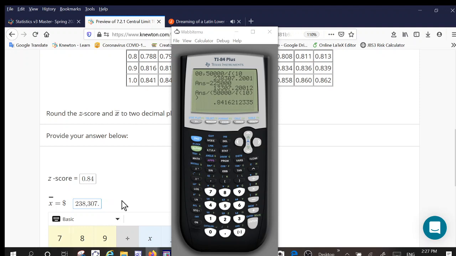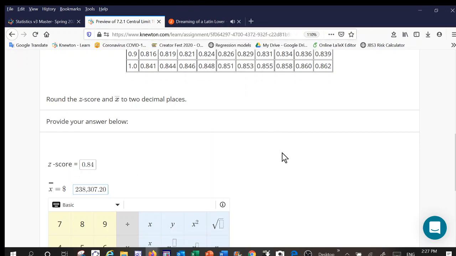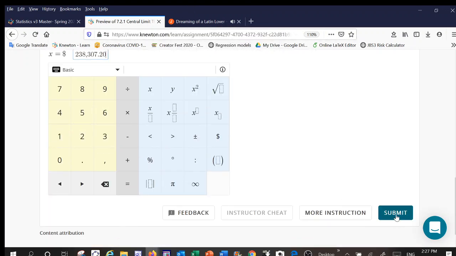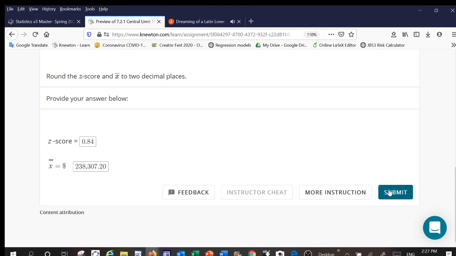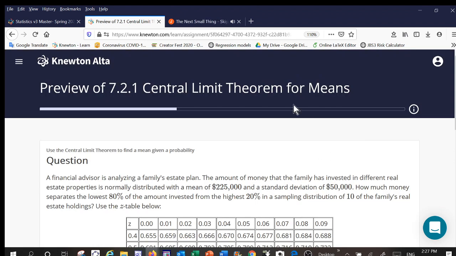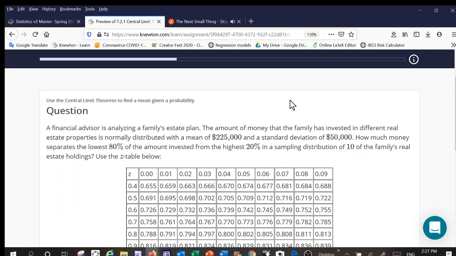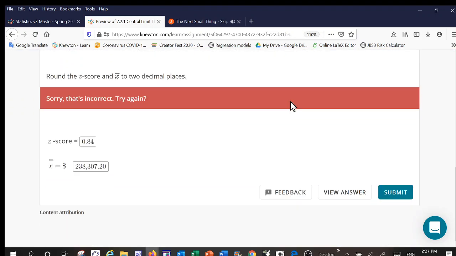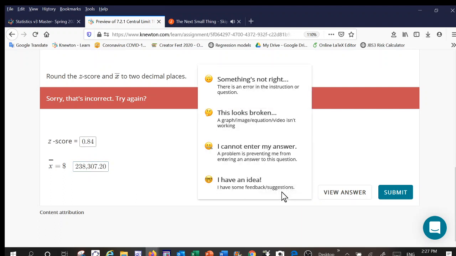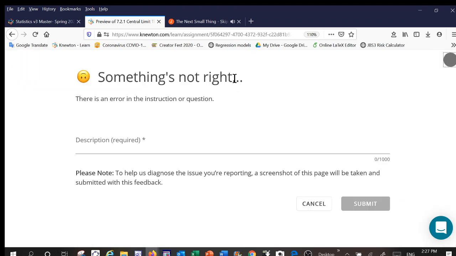Now if it counts that wrong, then use the feedback and say my answer with the calculator was correct. There you go. Yeah, you see it counts it wrong. So you can use the feedback. It says, let's do that.